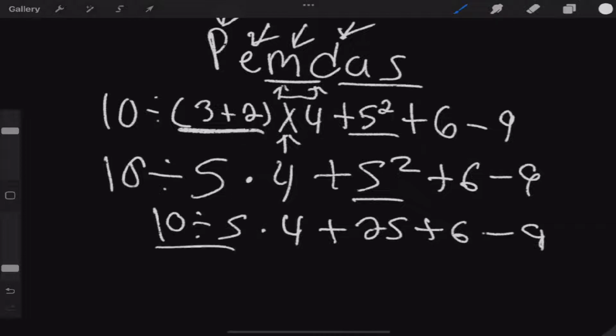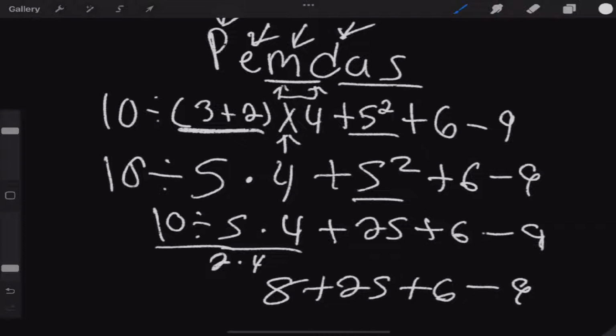So here, you can see we have division, we have multiplication, and that's it for our M and D. Even though division is second in our word, we are going to do it first in this equation, because we're just solving from left to right. So 10 divided by 5 is 2, and then we bring down our multiply by 4. 2 times 4, 8. And then we bring the rest down, and it's the same thing with this AS.